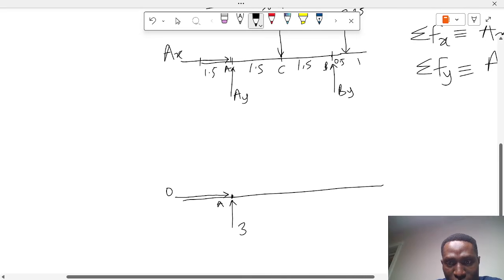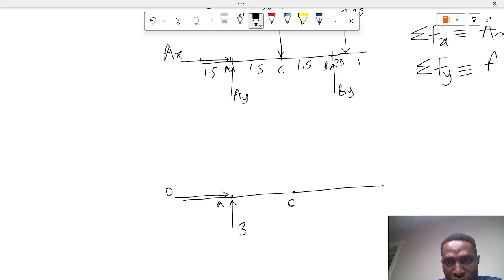Then we have point C here. Then we have point B. The force at point B is 6, and we have this force here as 2.25.